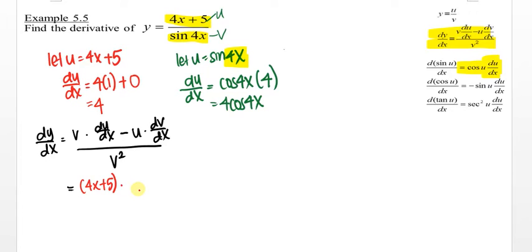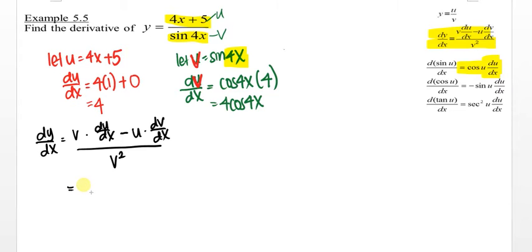Sorry, this is v, yeah, this is v. So your v is actually sine 4x.